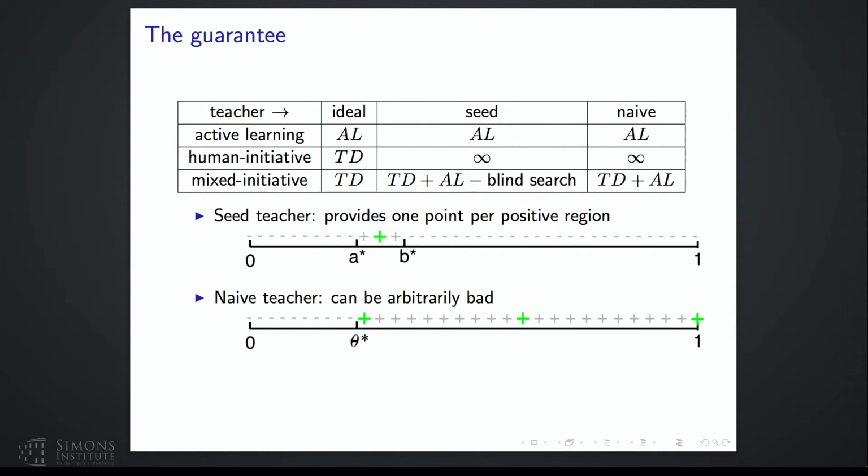Okay, so let's look at this. For the ideal teacher, here's the bottleneck, right? We shouldn't subject an ideal human teacher to active learning. Remember, active learning complexity is greater than teaching dimension. And that shows here. If you have really good human teachers, you should let them do their thing, or that algorithm can also let them do that. In contrast, if the human really isn't very good at teaching, running active learning is a great thing.